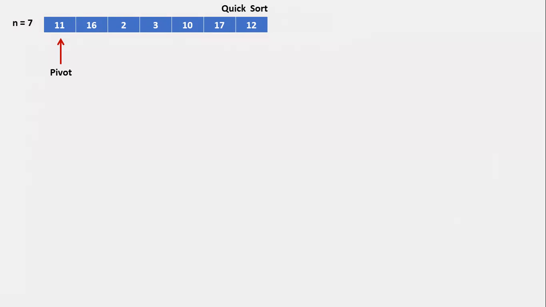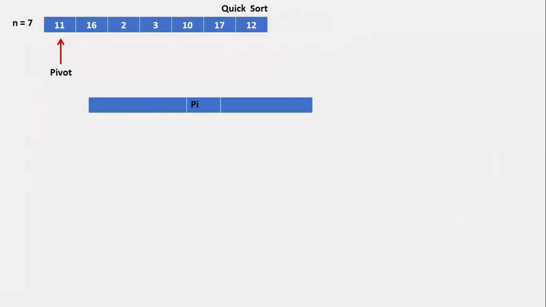And any element equal to the pivot element can exist either way, towards the left side or towards the right side. Now let us see how to partition this particular array. Here we have the pivot element.